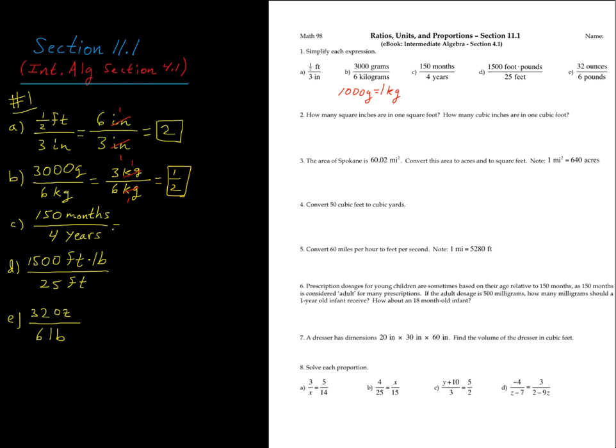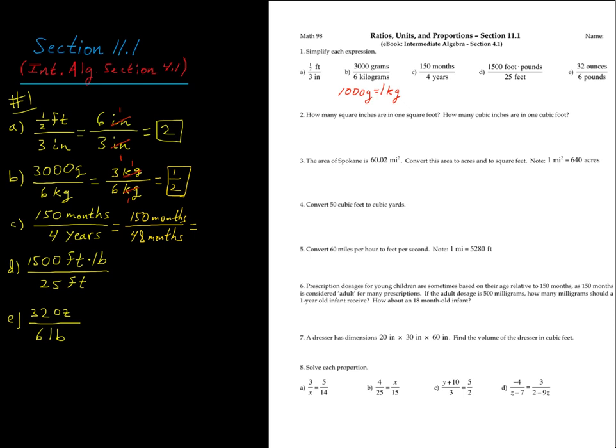Moving on to C, we have 150 months divided by 4 years. Here we could use the fact that in a year there are 12 months, so 4 years would be 4 times 12, which is 48 months. We're going to convert the denominator in this one and leave the numerator alone as 150 months.